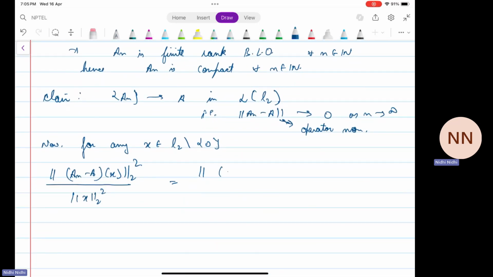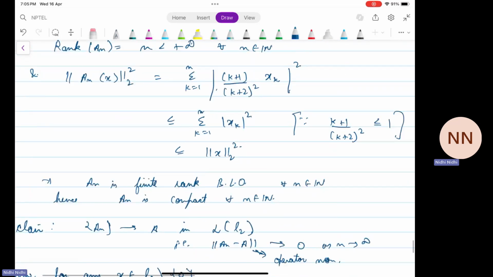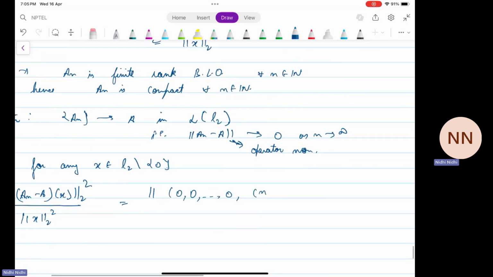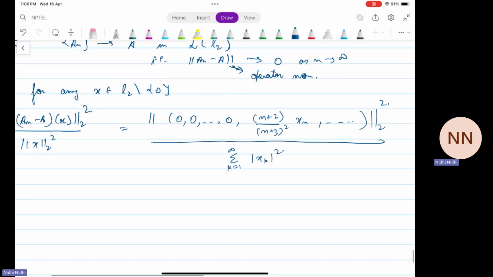So this is 0, 0, and so on, 0, and the next term would be ((n plus 2) by (n plus 3)) squared x_n, and so on, L2 norm squared, divided by the summation k from 1 to infinity of mod x_k squared.